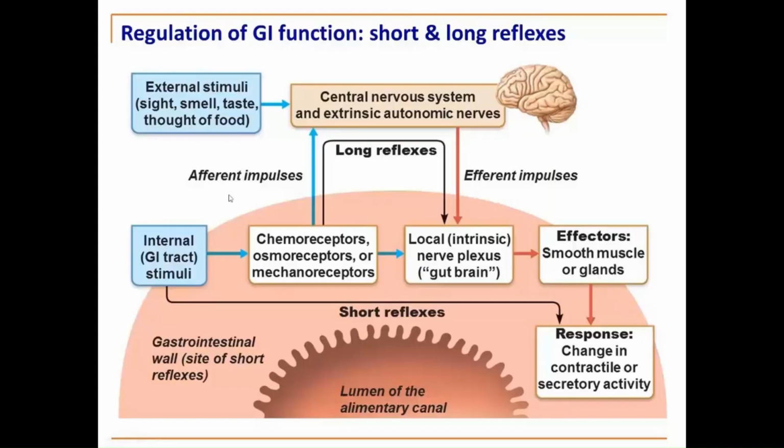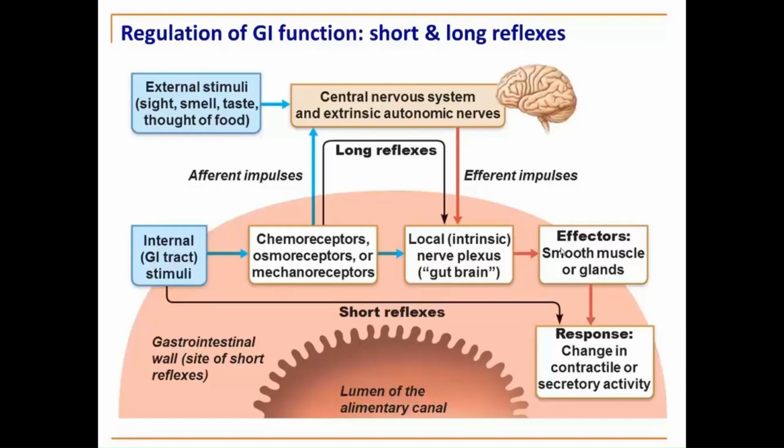But by the same token, as well as directly from those external stimuli stimulating the gut itself, those internal stimuli, the chemoreceptors, the osmoreceptors, and the mechanoreceptors, can go through long reflexes, afferent impulses coming up to the central nervous system, and then back down through the efferent impulses to activate the smooth muscles or the glands, for example.